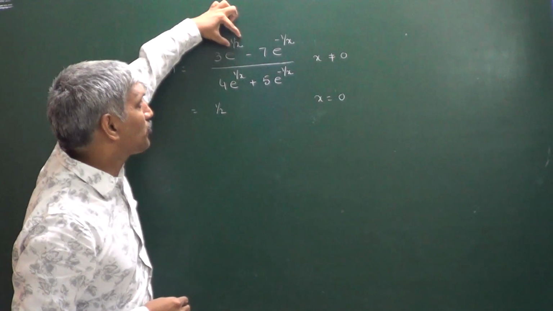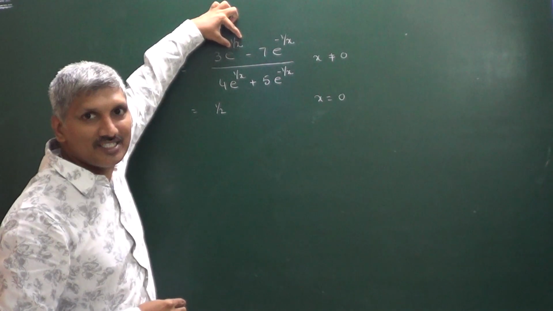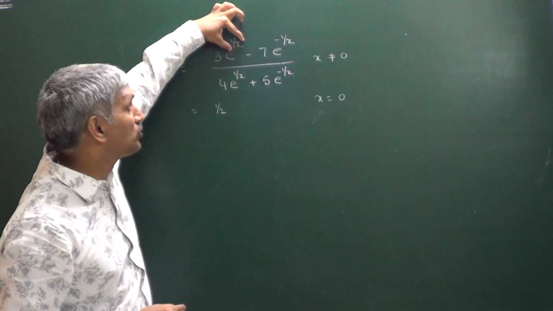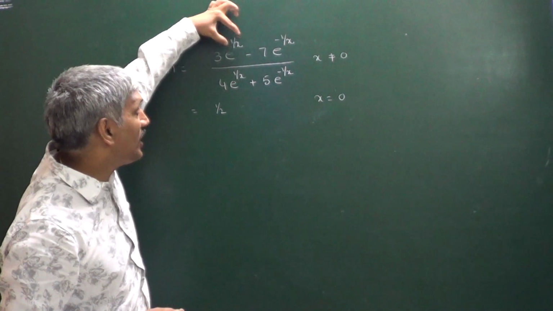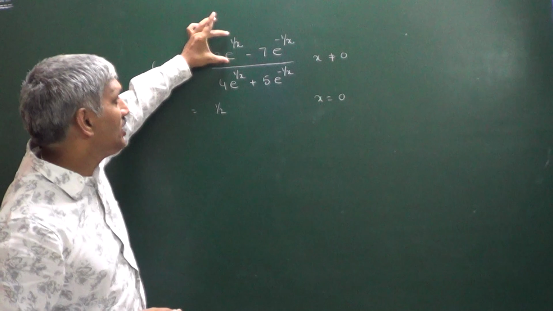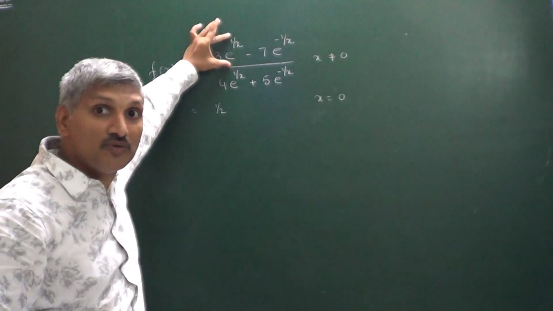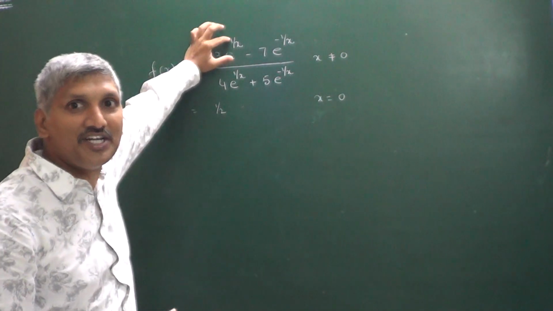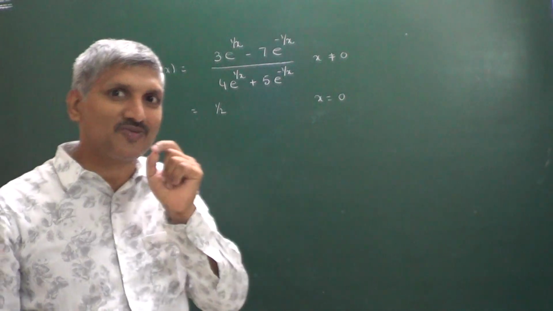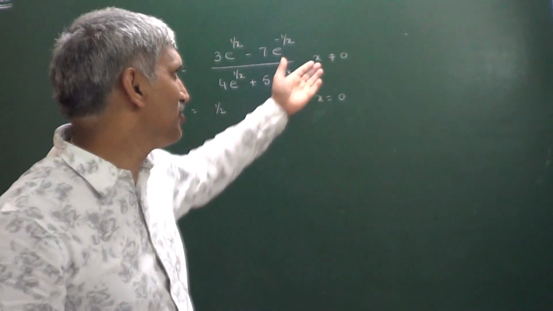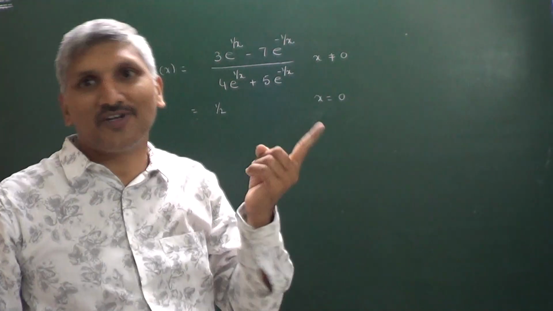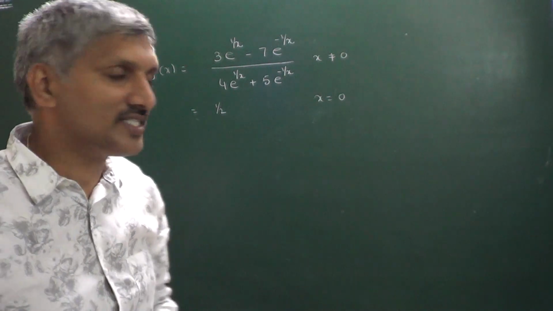When x is approaching 0 plus, this value is approaching infinity, and e power infinity tends to infinity. So that's why, though x not equal to 0 is there, we have to find the left hand limit and right hand limit separately.